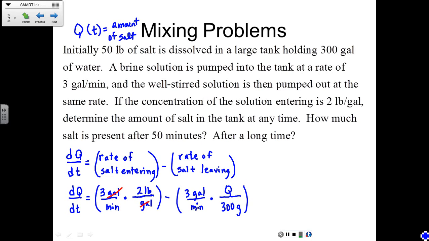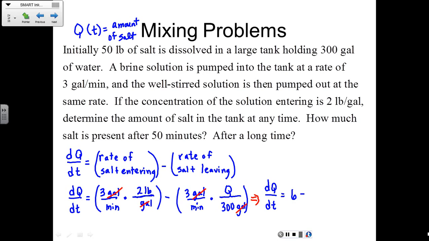Okay? So seeing that algebraically also, that's going to make our model. dQ over dt equals 6 minus, what about the 300?